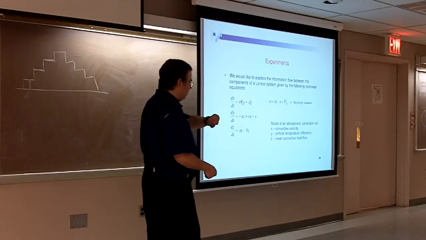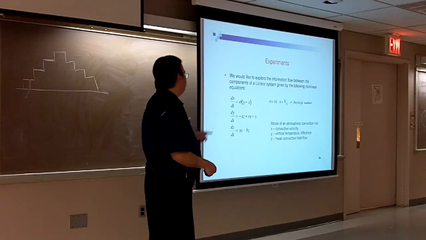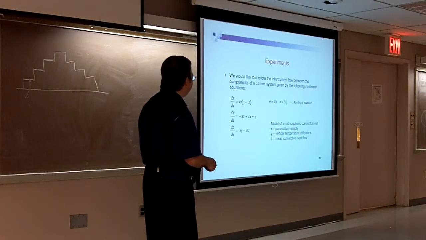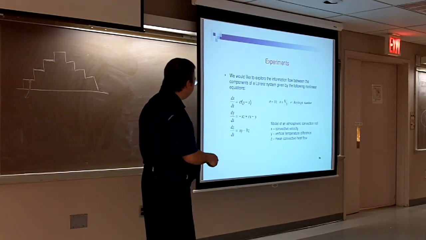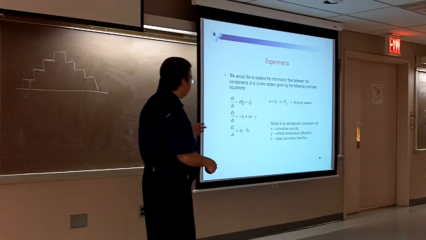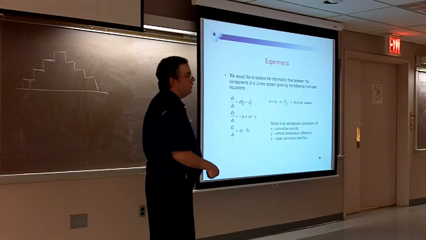Now, since I have 10 minutes, just for 1 minute, I want you to think about these equations to guess which variable could affect the other variable in these sets of nonlinear equations. If X affects Y, or Y affects X, or Z affects Y.